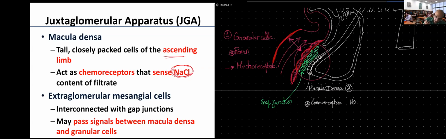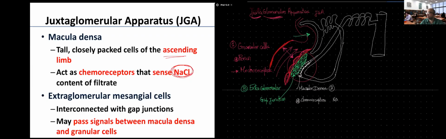We call this type of cells extraglomerular, because you see on here, I am located outside of the glomerulus. This is my glomerulus on here, located inside of the Bowman's capsule.